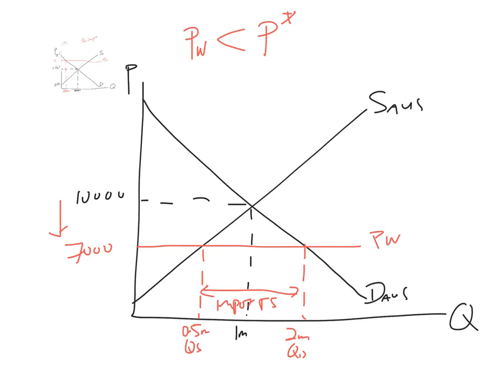So you can see in this scenario, the Australian consumer is the winner. The consumer wins because they can buy more cars at a cheaper price. And the Australian producer is the loser because they sell less cars. Not only do they sell less cars, the price they get for it is less as well. Right? So they're winners and losers.